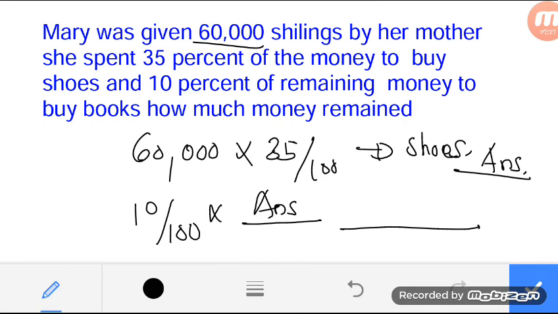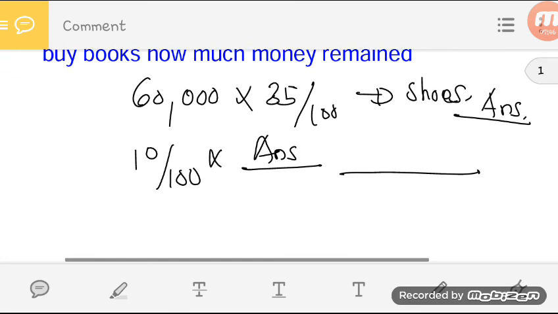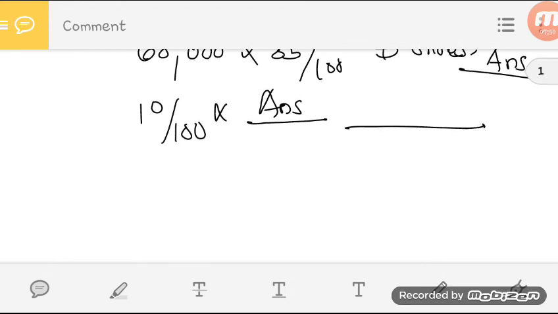How much money remained? He is trying to ask what will be the money that remains. In part A, 60,000 shillings times 35%, it will be 21,000.